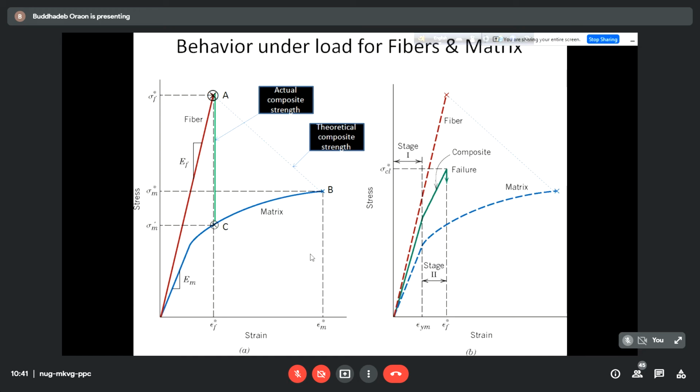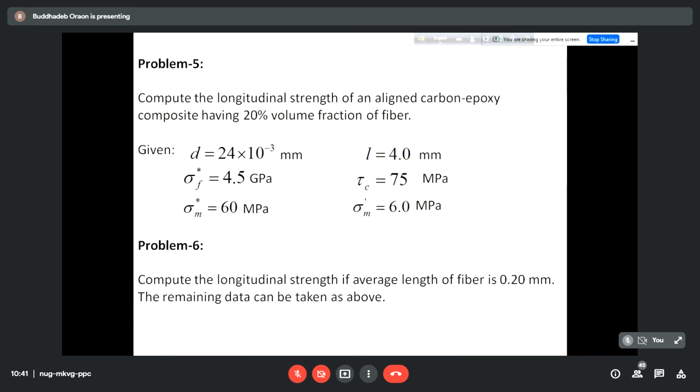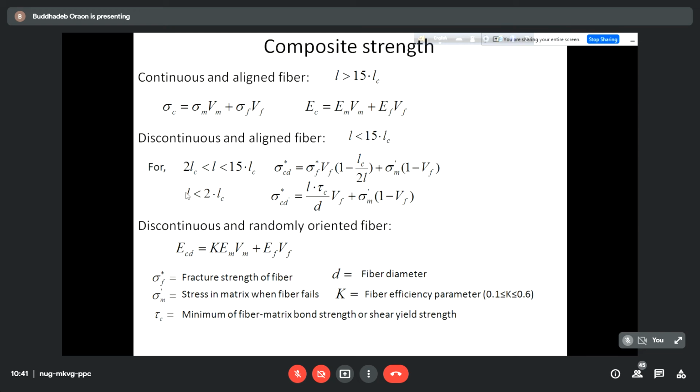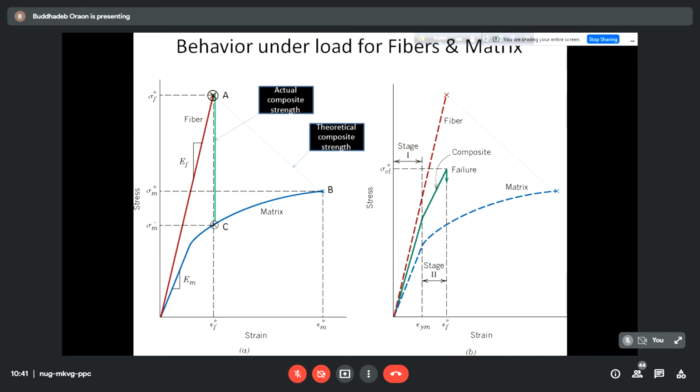So that is why, let me now go back a few slides. That is why, when calculating sigma C for the composite material, we are taking sigma M dash, which indicates the stress in the matrix when the fiber fails. Again, let us go to this. You see, this is the point which indicates the stress level in the matrix when the fiber fails.